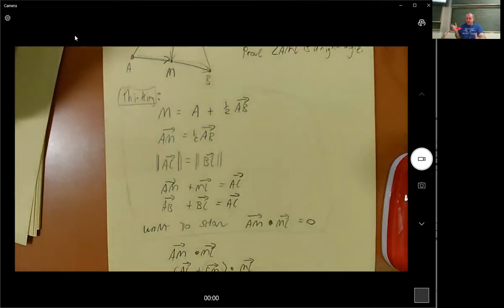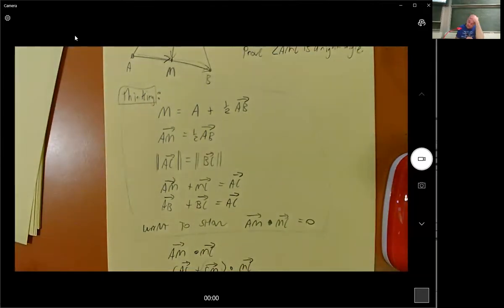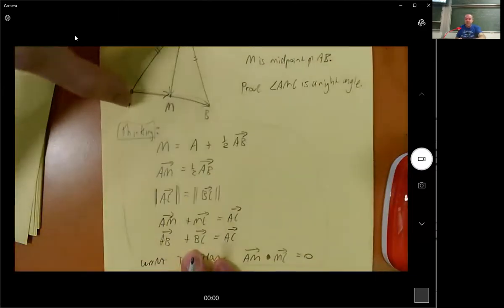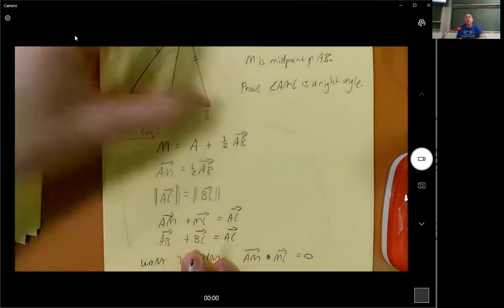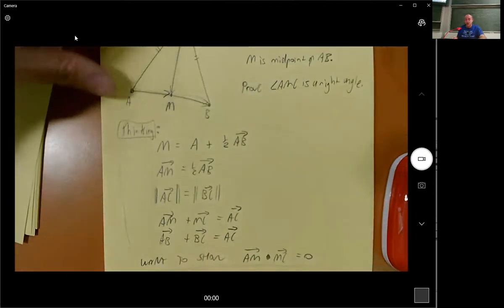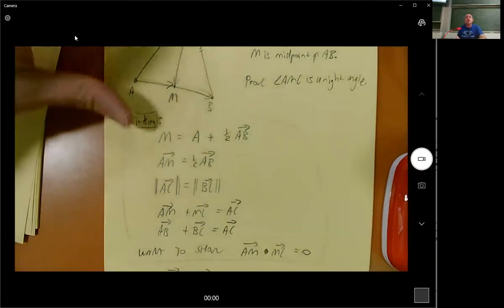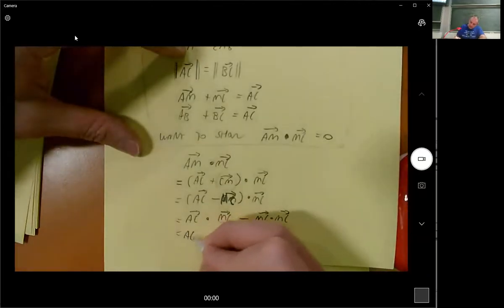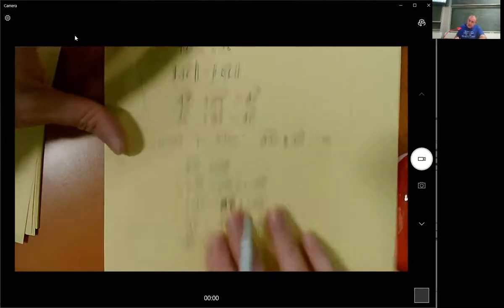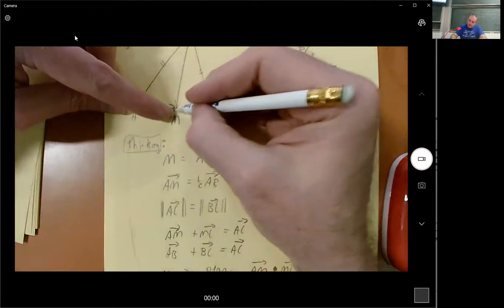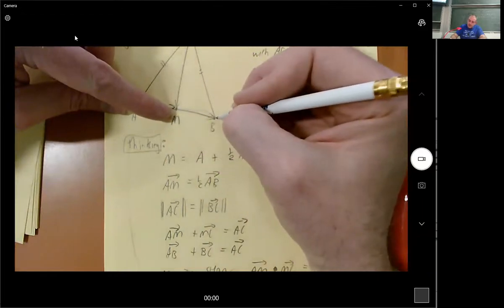What'd be really nice is if I could have both AC and BC in there because they're the same length, and that might be useful. So maybe I should make MC out of BC and MB. So MC is MB plus BC.